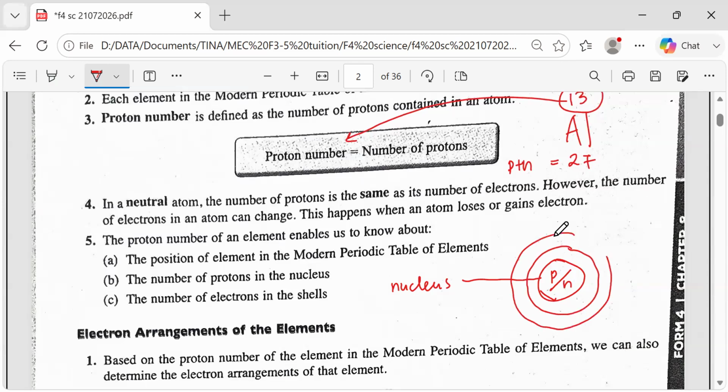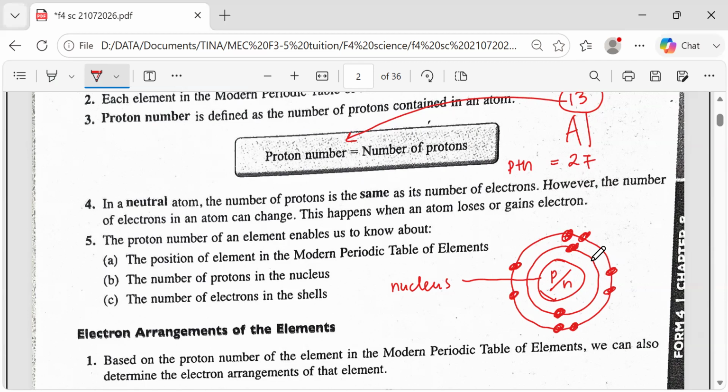Remember? Same like the planets that orbit. Okay? The first shell can put 2 electrons. The second shell can put 8 electrons. Okay. This one, the circle is electron.